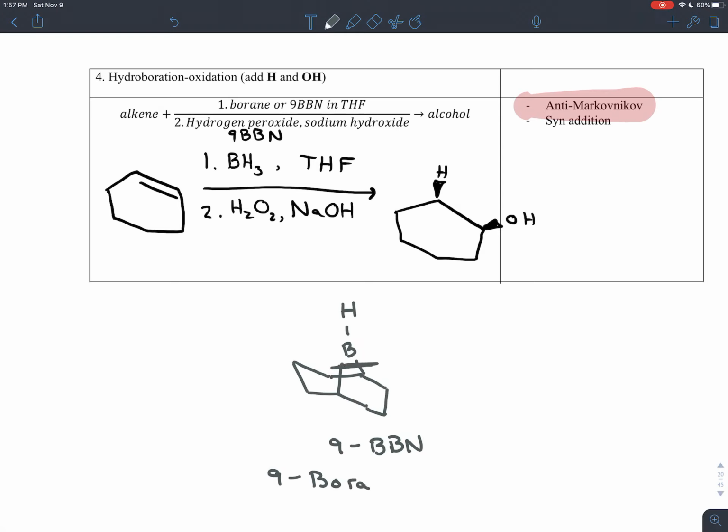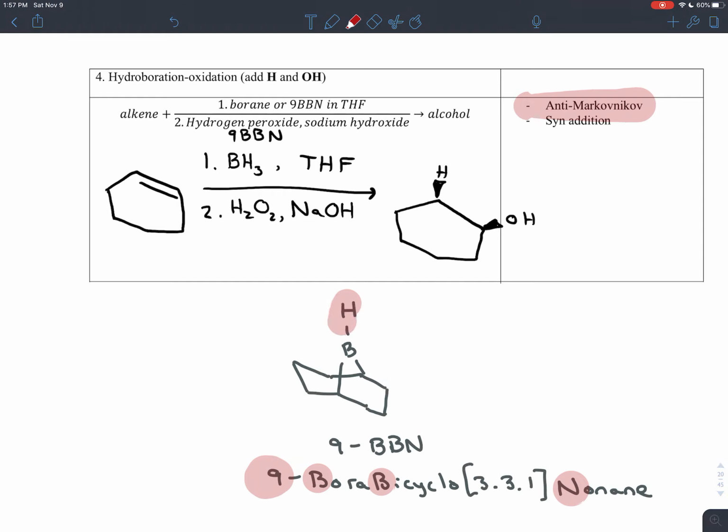That's for the boron. Bicyclo. And then you have 3 carbons on one side, 3 carbons on the other side, 1 atom, the boron, going up, nonane. So you have 9-BBN, 9-borabicyclo[3.3.1]nonane.